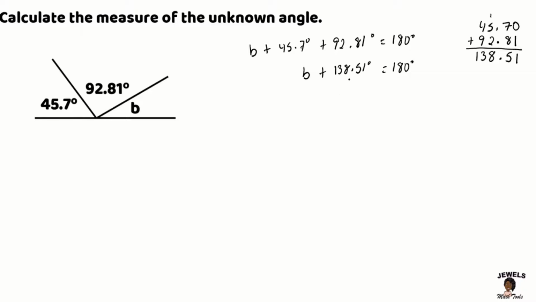Now we're going to be subtracting from our 180 degrees. Remember that we put in our 180 degrees. My decimal point goes behind the last digit, which is my 0. And now I'm going to write in my 138.51 degrees. Put in my decimal point. My 8 will go underneath the 0, my 3 underneath the 8, and my 1 underneath the 1.